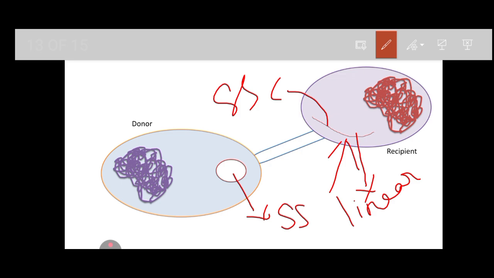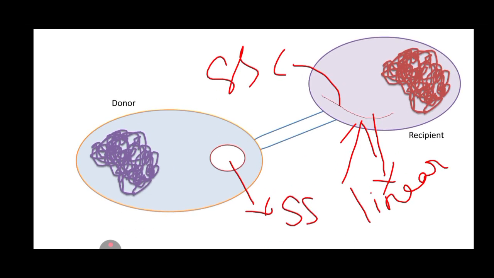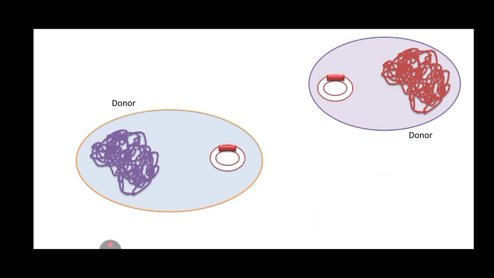So it is now linear form, and after it is recircularized, it becomes circular DNA.